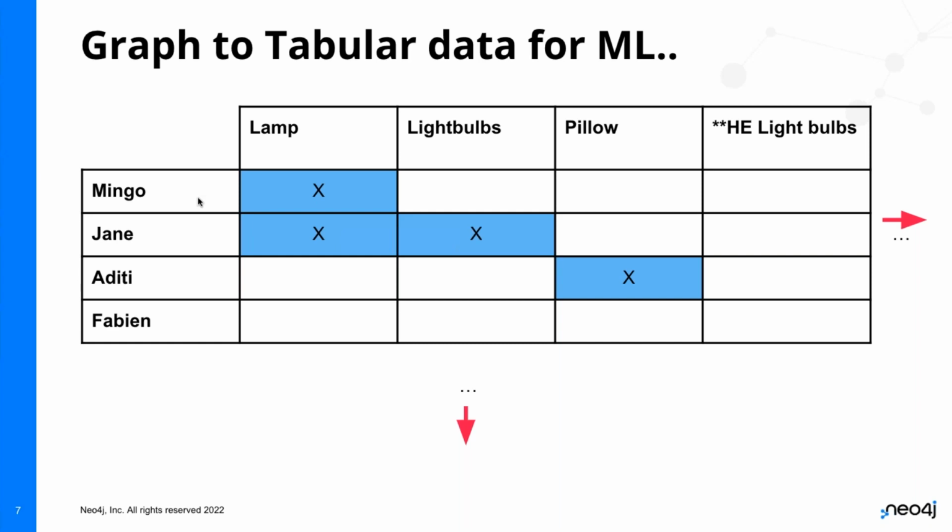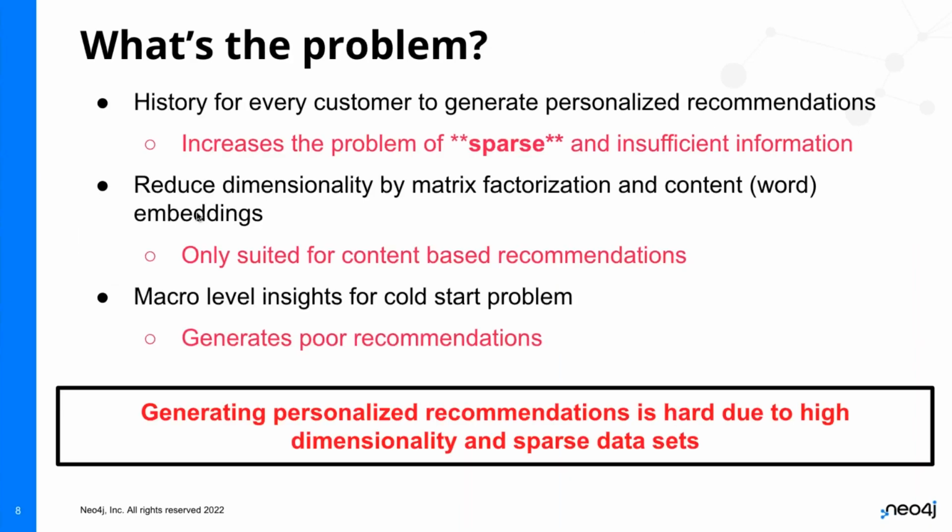You can imagine how sparse this data structure becomes, and any particular user may have only bought like 50 different types of items. They might have browsed 200 different types of items, which is like 0.0001% of the actual product portfolio that Amazon carries. So that's the problem that we are seeing.